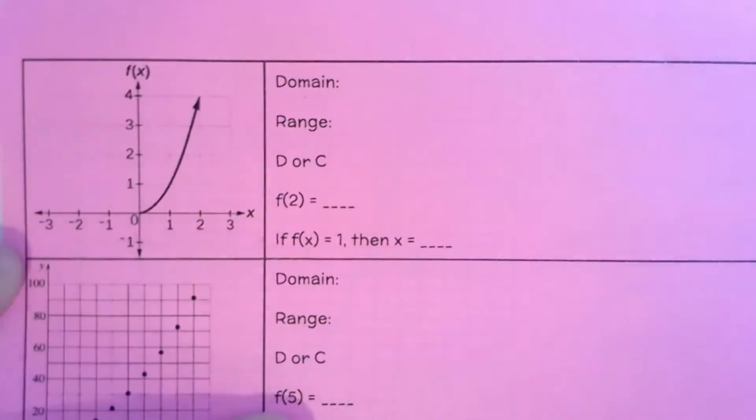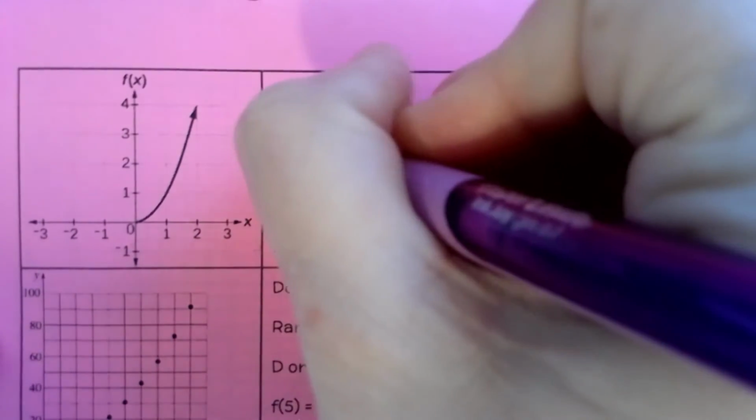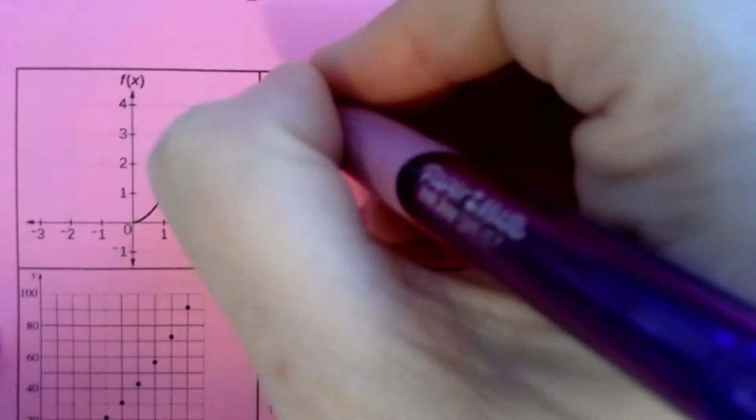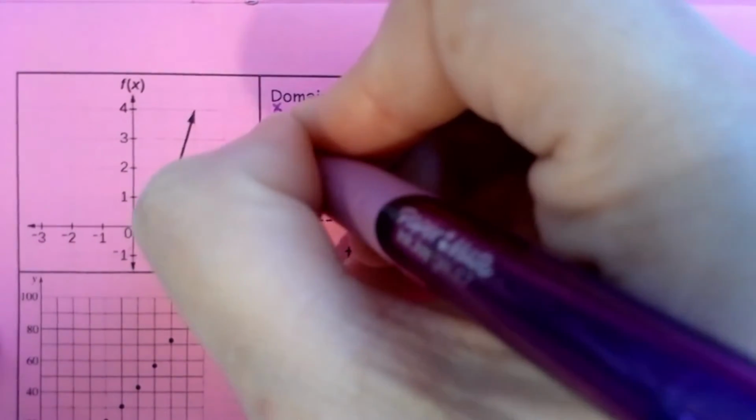All right, so let's look at this one. Before I even box it out, I can tell that this is continuous because the line is connected. I have x and y, so this is my domain and this is my range.